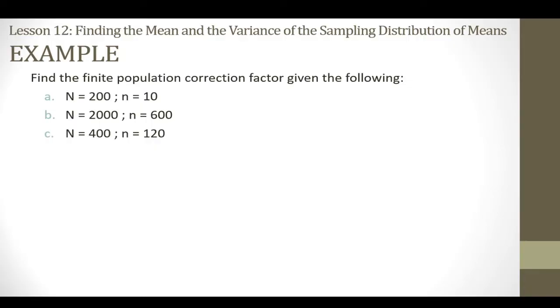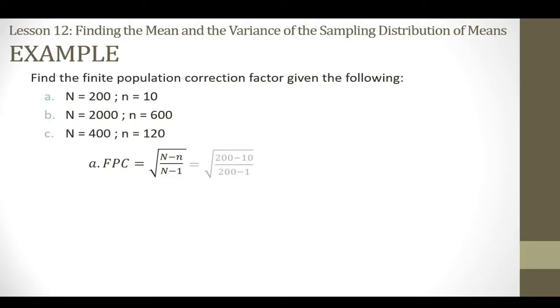Let us find the finite population correction factor given the following. So we have the total population is 200. We got 10 samples. So paano natin kukumpitin yung finite population correction factor. We apply the formula. FPC is equals to square root of quantity N minus n over N minus 1. So, yung total population, ilan? 200.